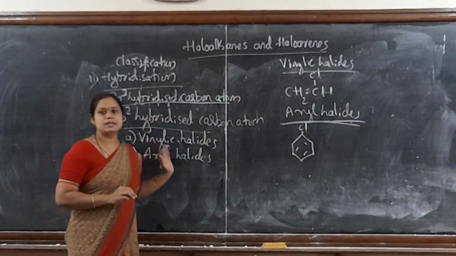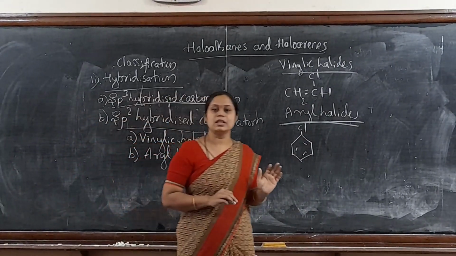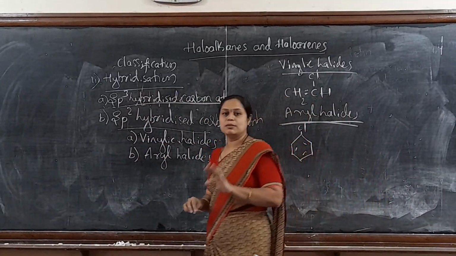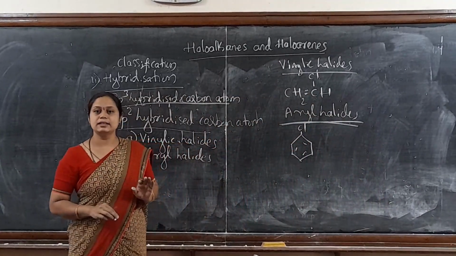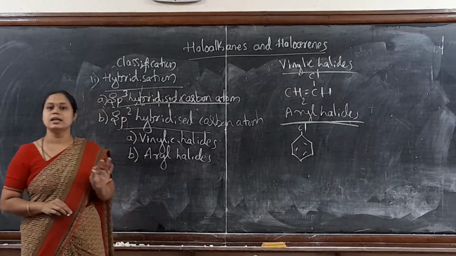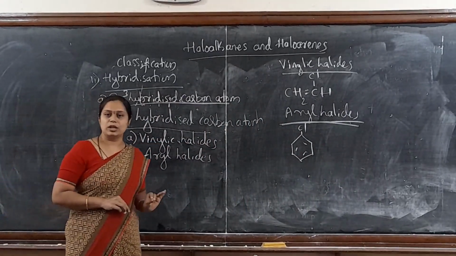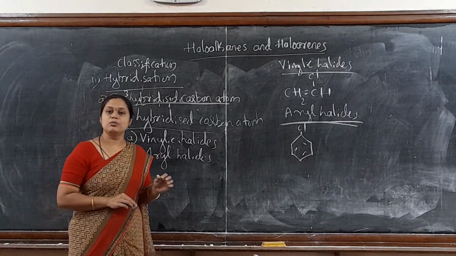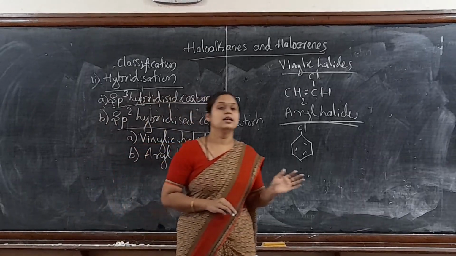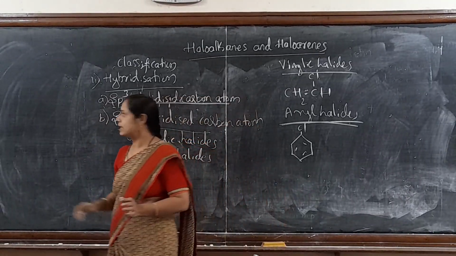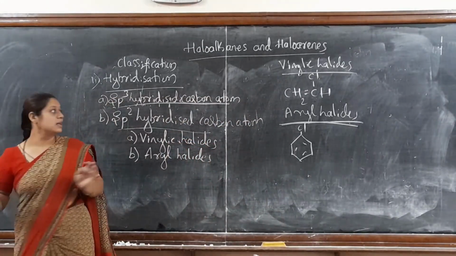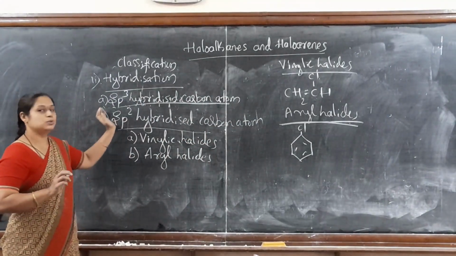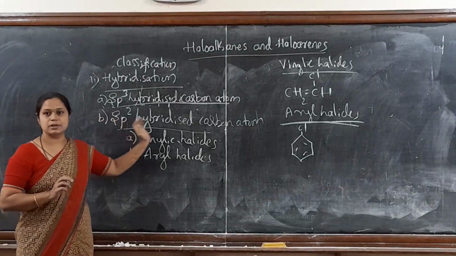So today we discussed the classification of the haloalkanes. Based on the number of halogen atoms, we have monohaloalkane, dihaloalkane and polyhaloalkane. Based on the hybridization, we have halogen attached to an sp3 hybridized carbon atom and halogen attached to an sp2 hybridized carbon atom.